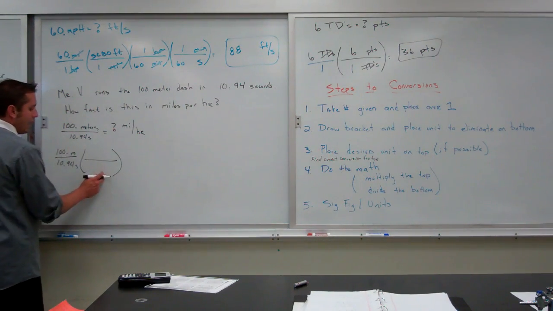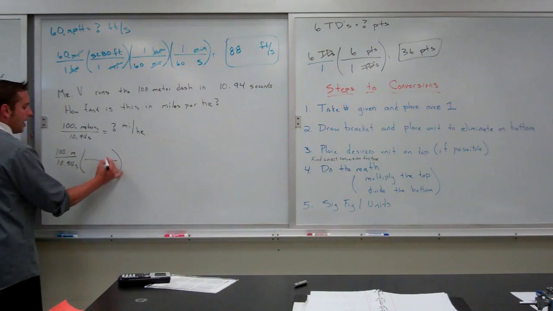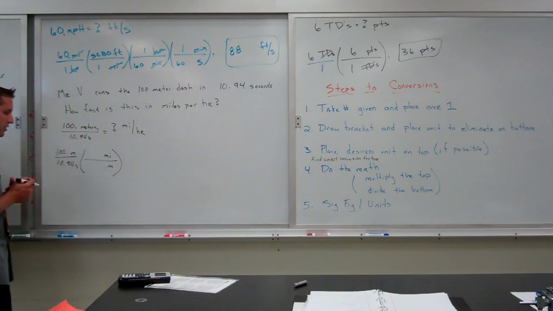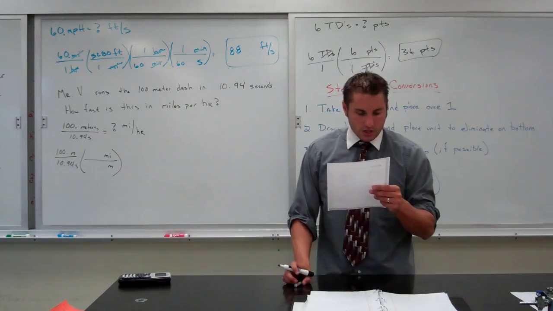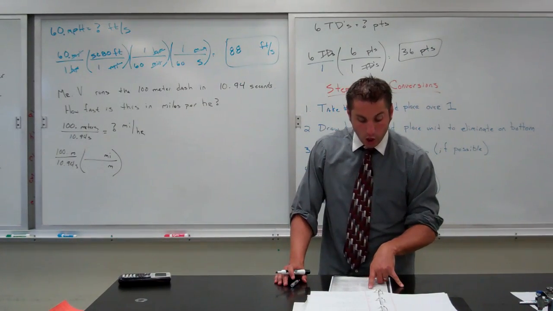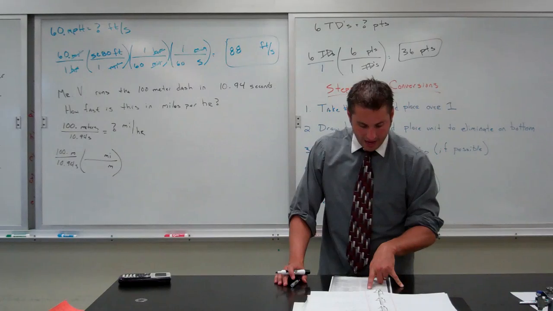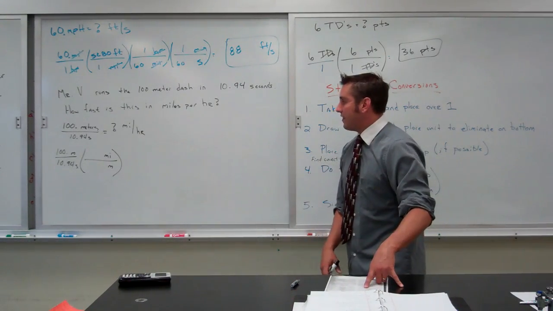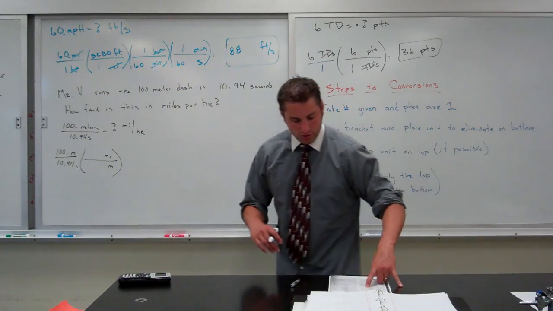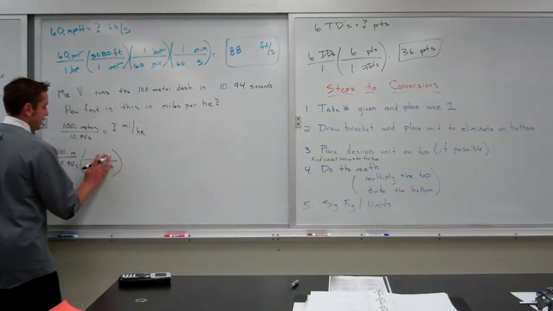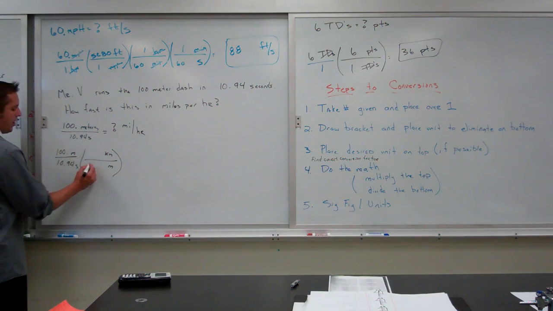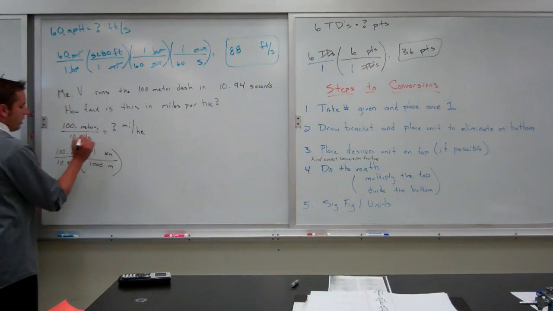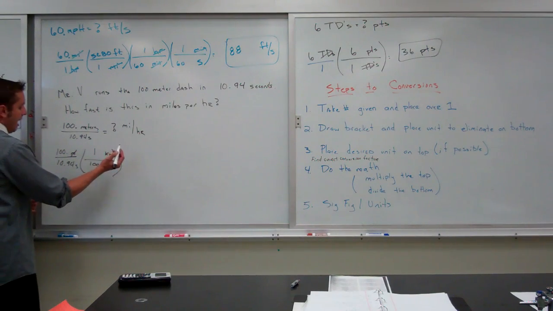Meters to miles we'll try first. Meters on the bottom, miles on top. If you take a look on your sheet, we have a relationship between miles and kilometers and miles and feet, but we don't have anything with meters to miles. So let's go meters to kilometers first, where we know 1,000 meters is 1 kilometer. Now we try again.